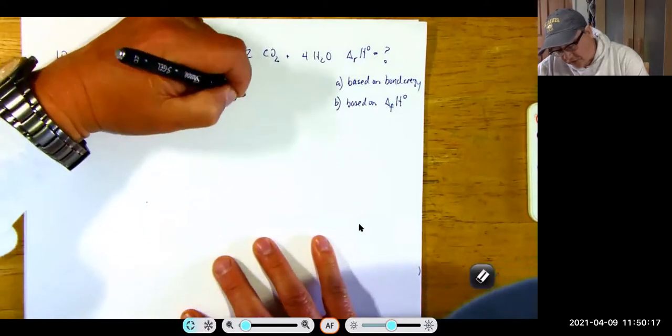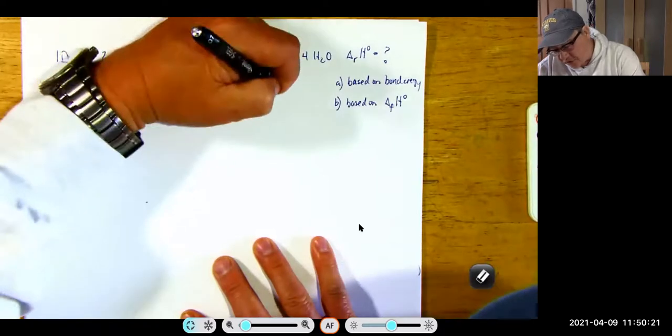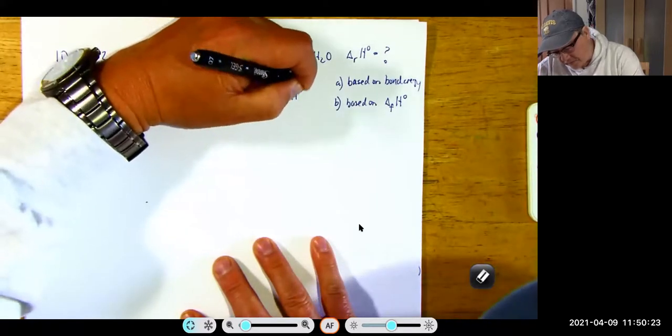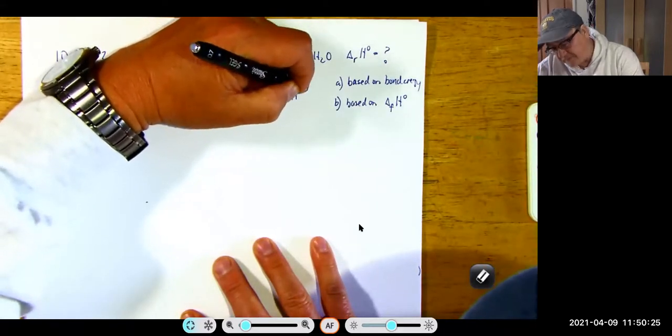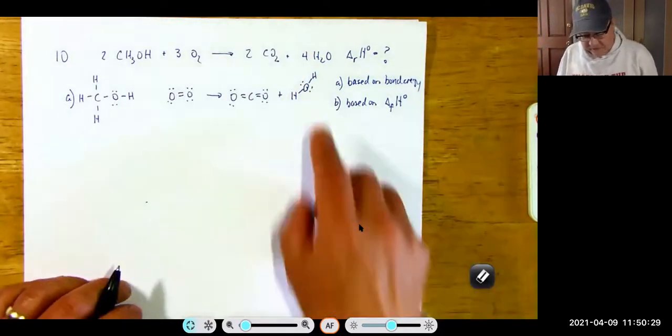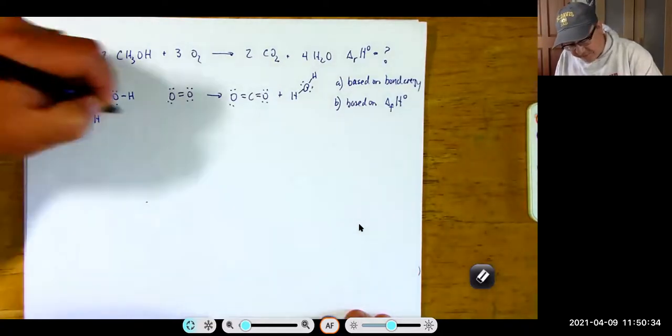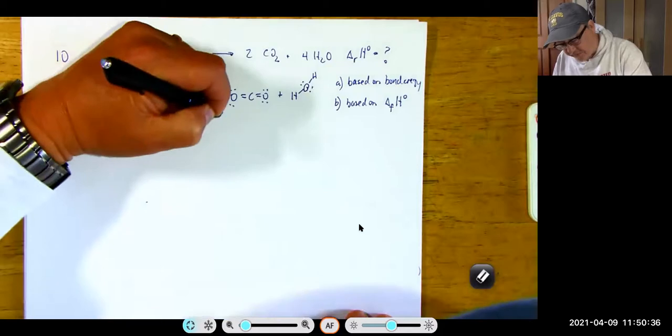Here's your Lewis structure of carbon dioxide. And here's your Lewis structure of water. I had to put it up kind of at an angle because I was running out of room. Now, mind you, you've got 2 of these, 3 of these, 2 of these, and 4 of these.